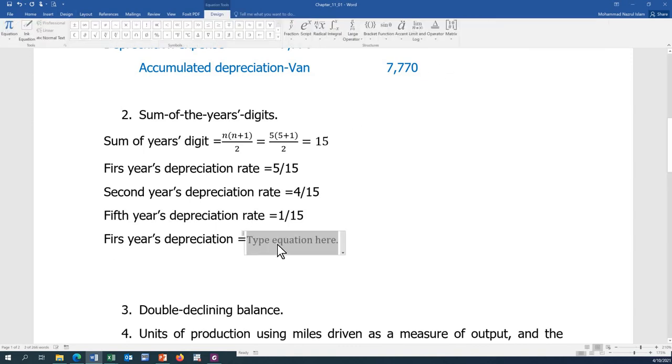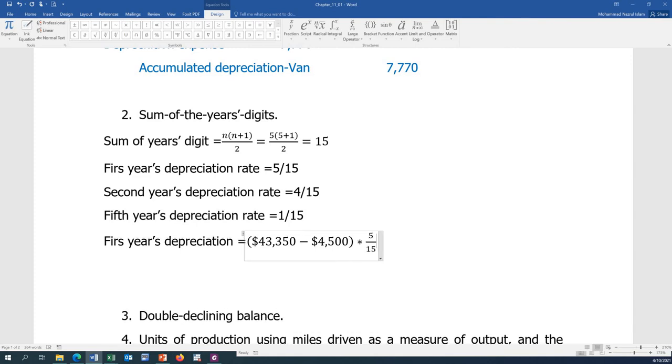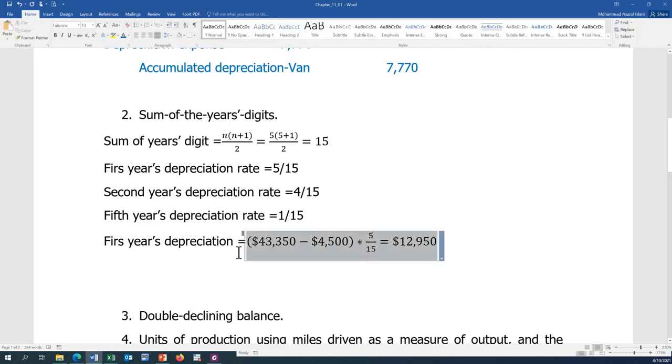We don't need the fraction, so what we can do is: the depreciable base would be 43,350 minus 4,500, multiplied by 5 over 15. This is the first year's depreciation, and the amount is equal to 12,950. This way we will calculate depreciation for every year.